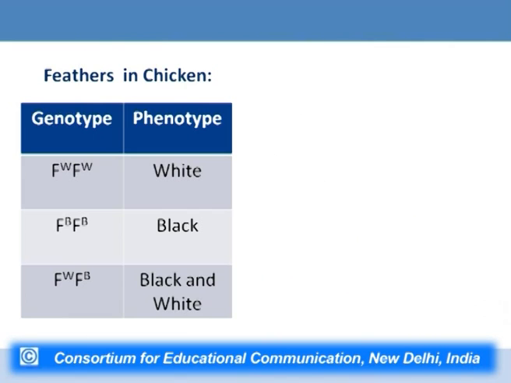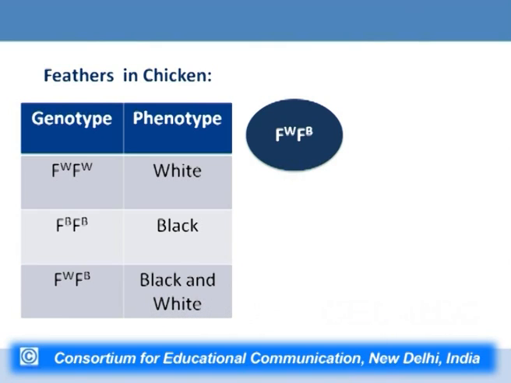So, it can be summarized here that FW is coding for white phenotype in feathers, FB is coding for black phenotype in feathers, and FW FB is coding for black and white phenotype in feathers.